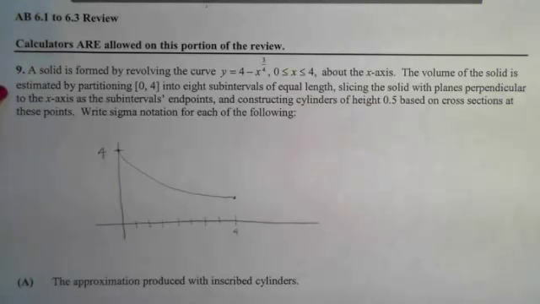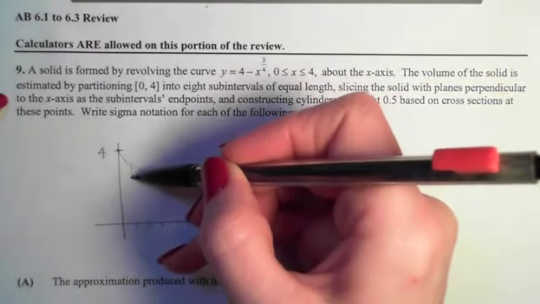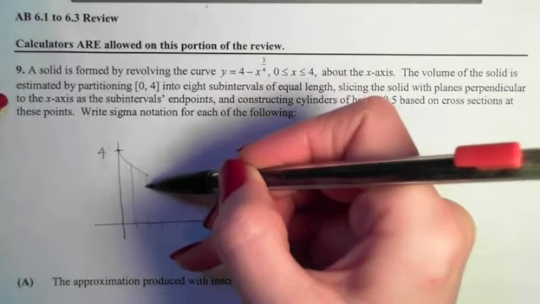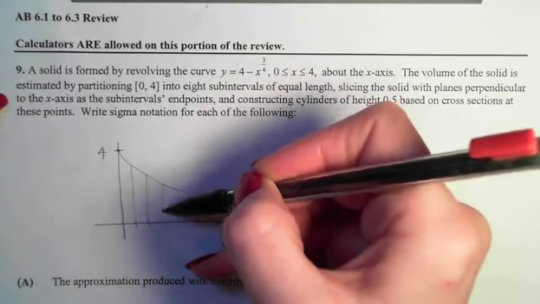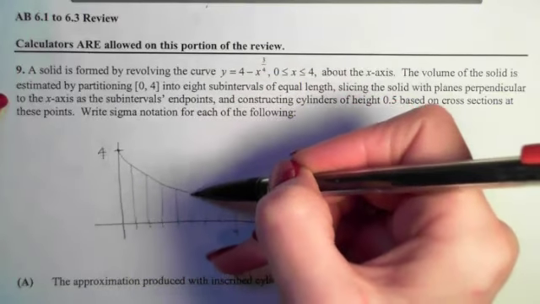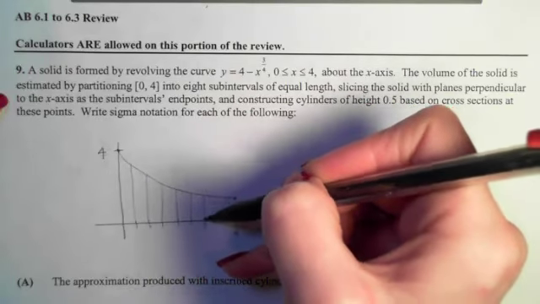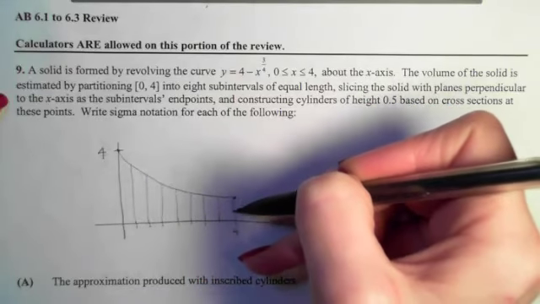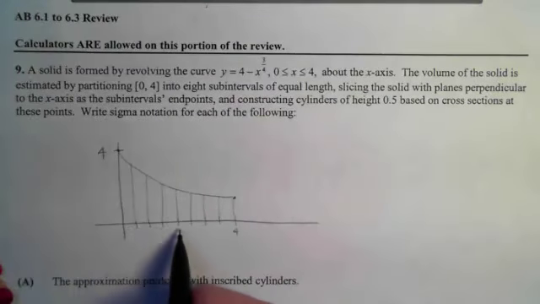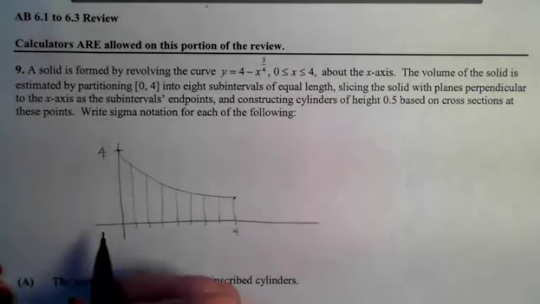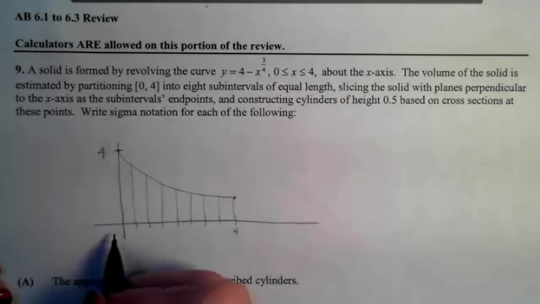So the volume of the solid is going to be estimated by partitioning and then slicing with planes that are perpendicular to the x-axis. So I'm going to draw each of these little slices here. What's different with this problem is that instead of actually finding the x-coordinates, we're going to label them with subscripts of x.